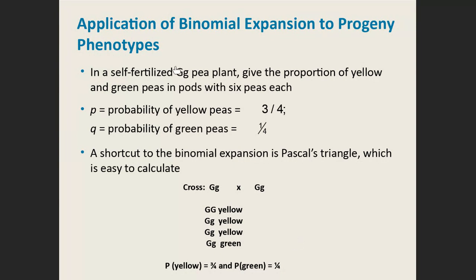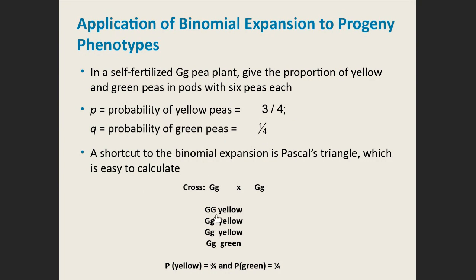When you self-fertilize a heterozygous pea plant, for example, for the yellow seed phenotype, and you remember that, as I just told you 5 minutes ago, 3 out of 4 will have a yellow seed, meaning receiving a wild type dominant allele, and a fourth will have green seeds, small g, small g. So the probability of a yellow pea is 3/4, and the probability of a green pea is 1/4. So in that case, P and Q are different, and you'll see it's going to be exactly the same idea.